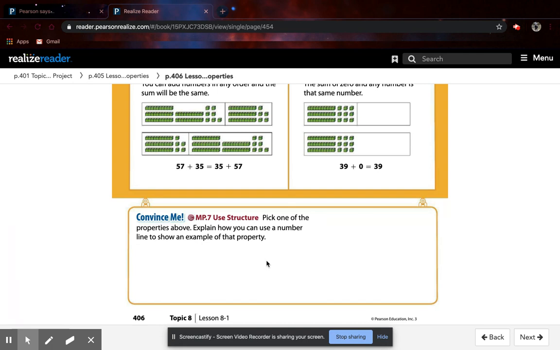So if I were to show the identity 0 property on a number line, say I started at 5, so on my number line, and I'm going to try to draw one. It may end up being only to 4.